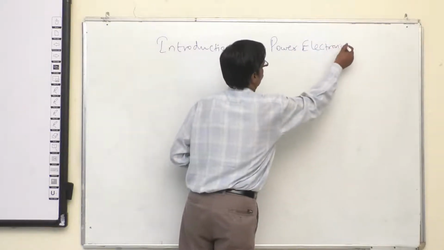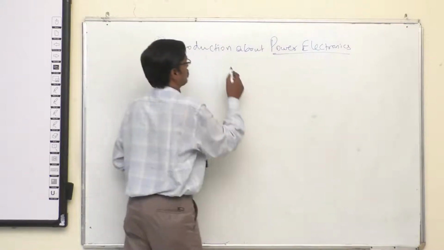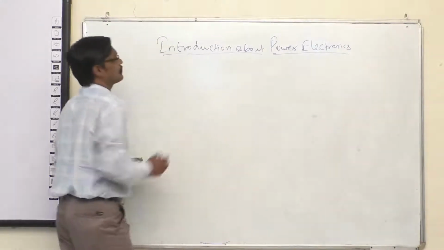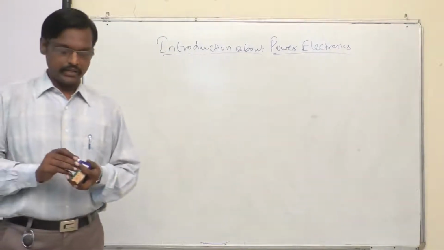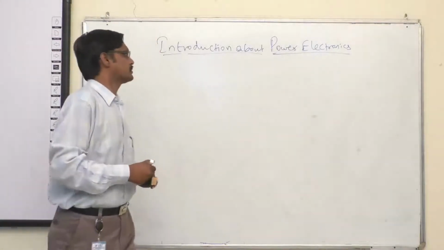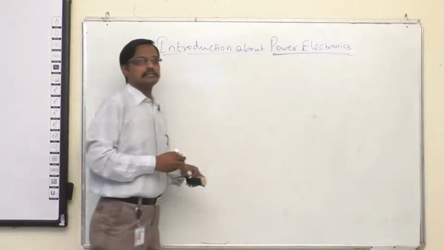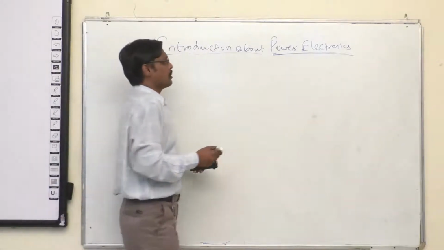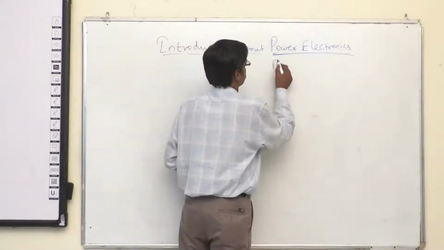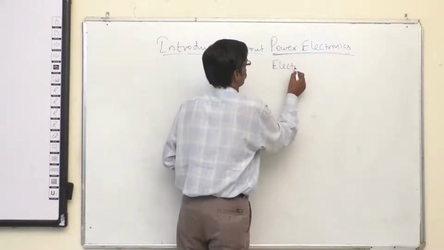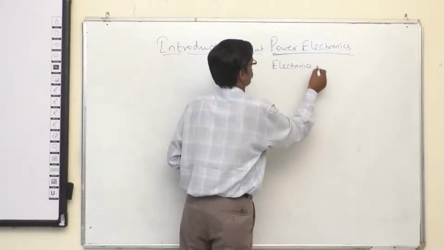Before going into the topic, what is meant by power electronics? What is the difference between electronics and power electronics? First, power electronics is a study about electronics and the power system.